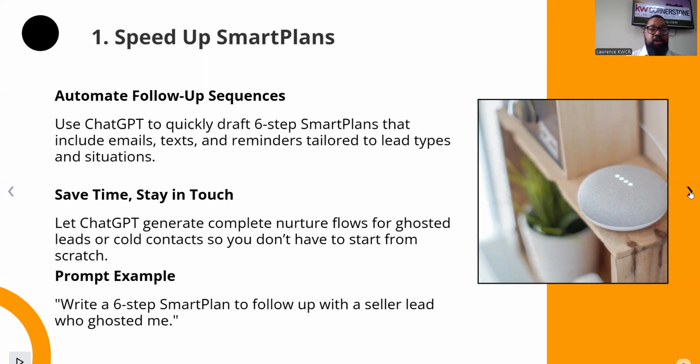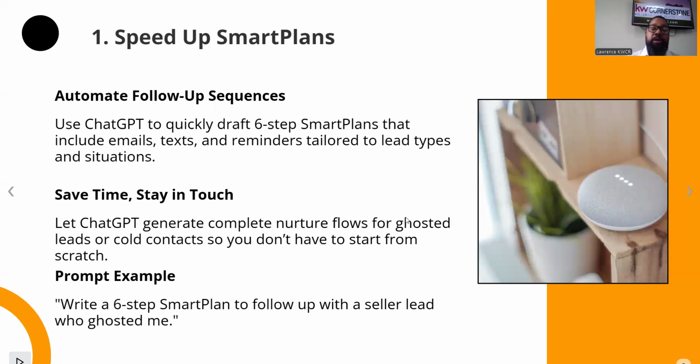So we're going to use ChatGPT to quickly draft 6-step smart plans that include emails, texts, and reminders tailored to lead types and situations. It's going to help you save time and also help you stay in touch a lot better.